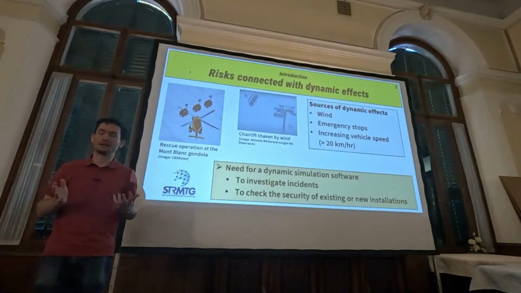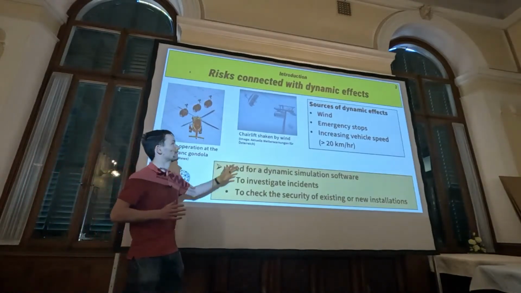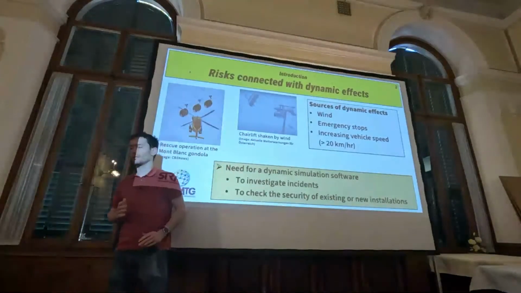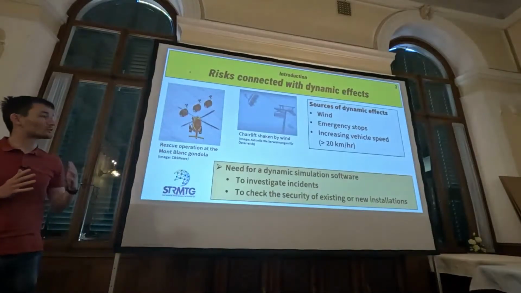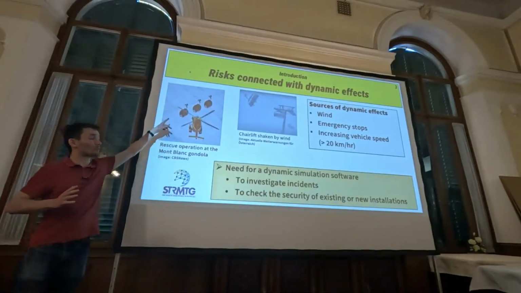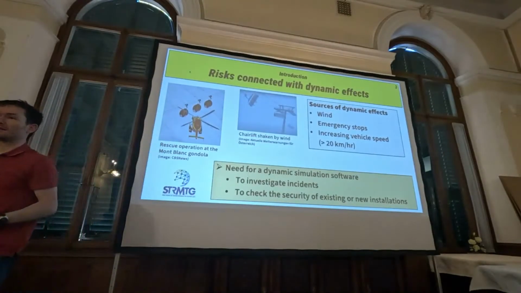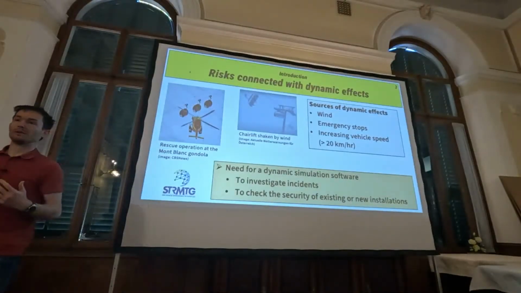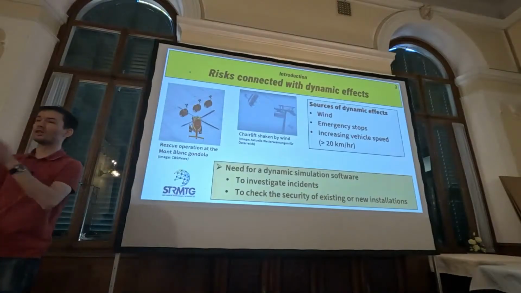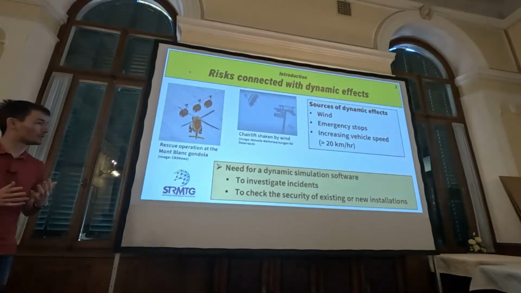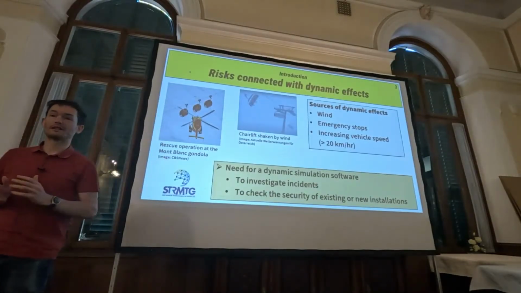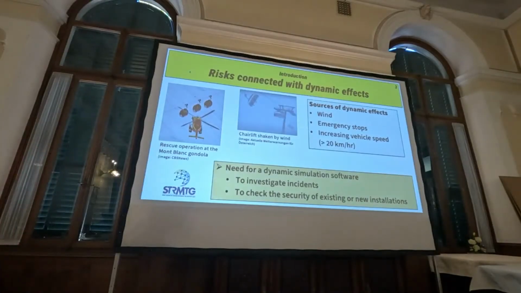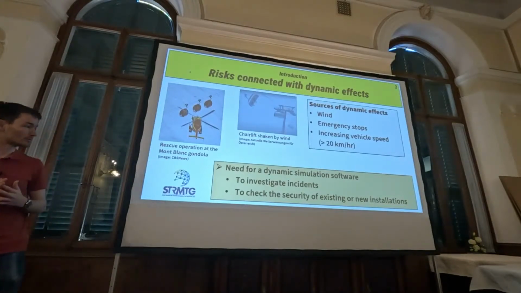Sources of dynamic effects include the wind, so don't go on a chairlift in the middle of a storm, but also emergency stops. In this picture, we see the Mont Blanc cable car that had to stay stopped for one night because the cable had mixed up after an emergency stop. Also, in recent installations, vehicles are going faster and faster, so maybe this can cause some dynamic effects that are not really studied right now.